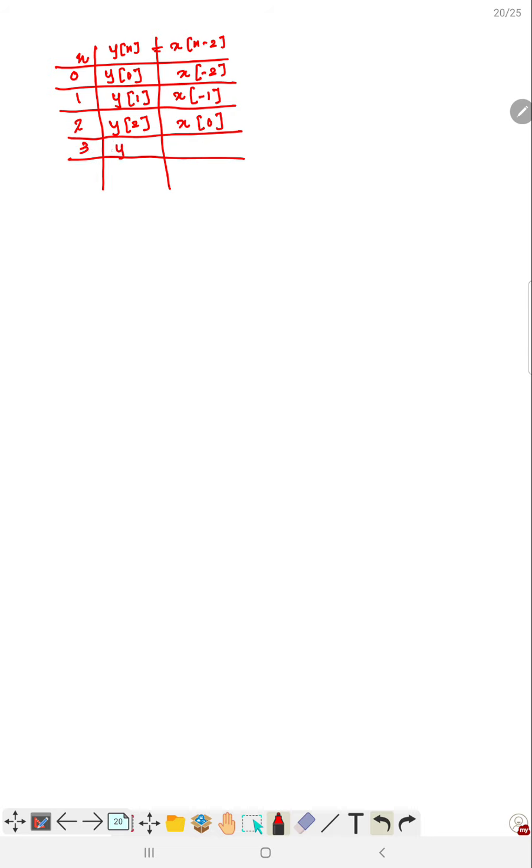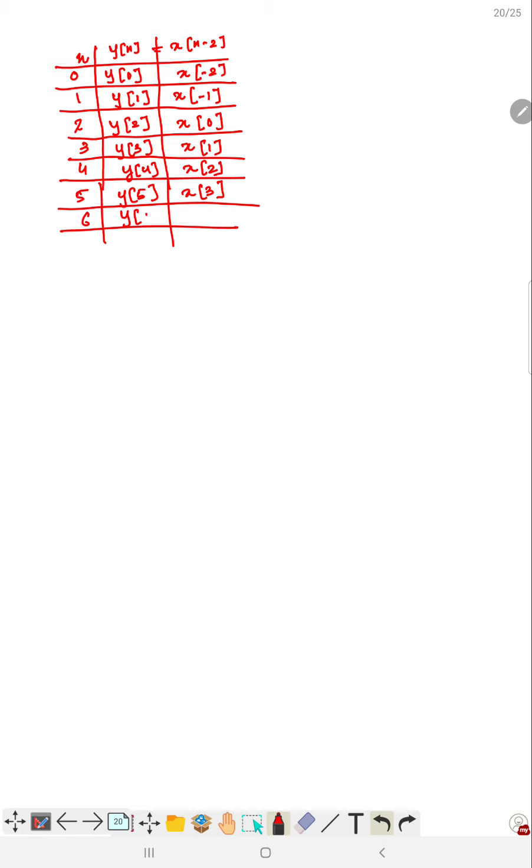Similarly, you can construct the table: y of 3, x of 3 minus 2 is x of 1. For 4, y of 4, x of 4 minus 2 is x of 2. For 5, y of 5, x of 5 minus 2 is x of 3. Then y of 6 will be x of 6 minus 2, that is x of 4.